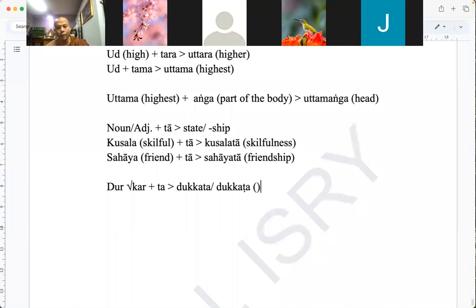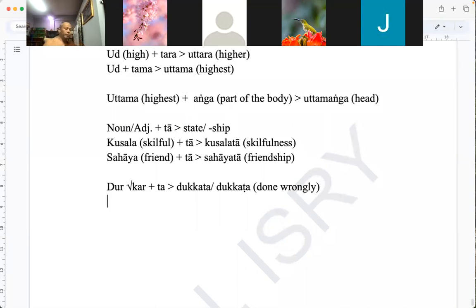Originally it means done wrongly, done badly. But later, dukkata, an offense in the Vinaya, is used as a noun, or maybe mistake.